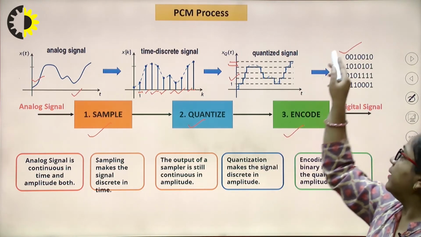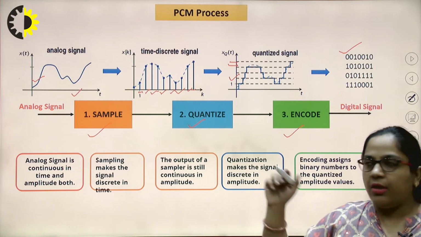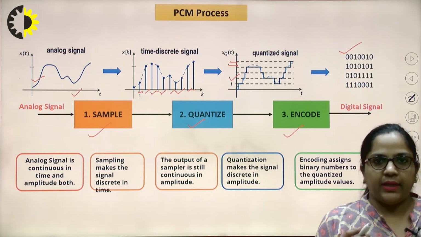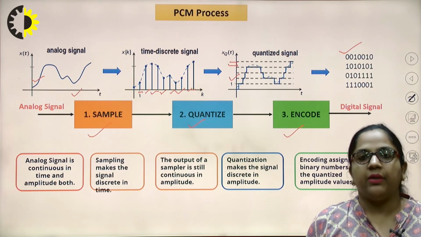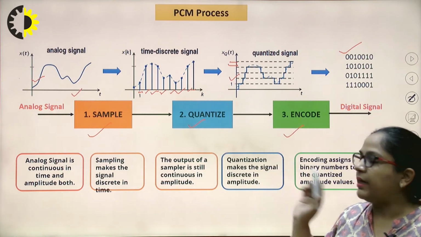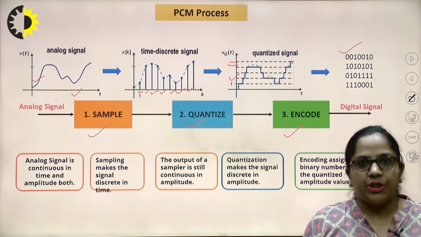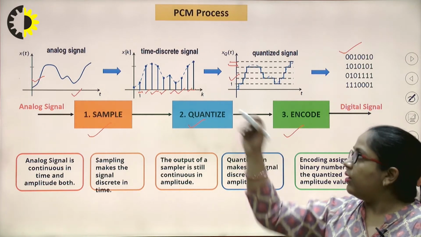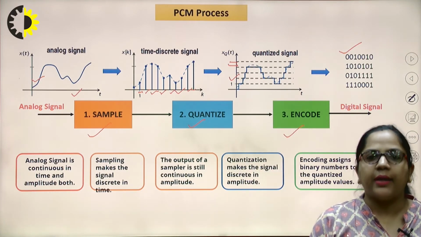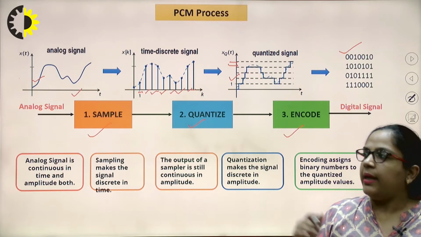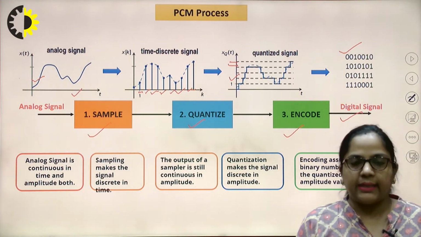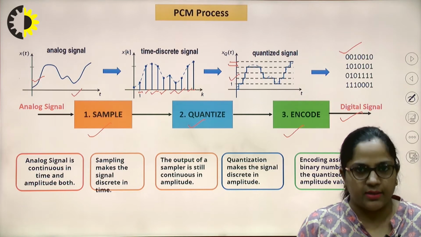When we get this kind of representation of the continuous time analog signal, we can say our analog signal has been converted into a digital signal. So, this entire process that includes sampling, quantization and encoding is called the pulse code modulation technique. In pulse code modulation, our input is an analog signal and our output is a digital signal, in the form of zeros and ones.